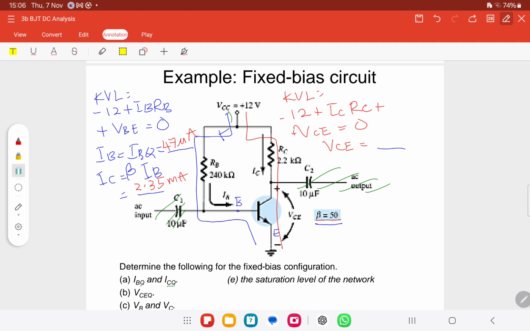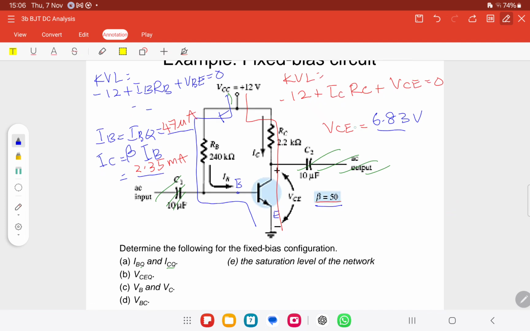I'm worried it's confusing. Plus VCE equals 0. This one I erase, afraid of confusion. This one too, same. Plus VBE equals 0. 6.83 volt. So that one will be VCEQ. Same value.